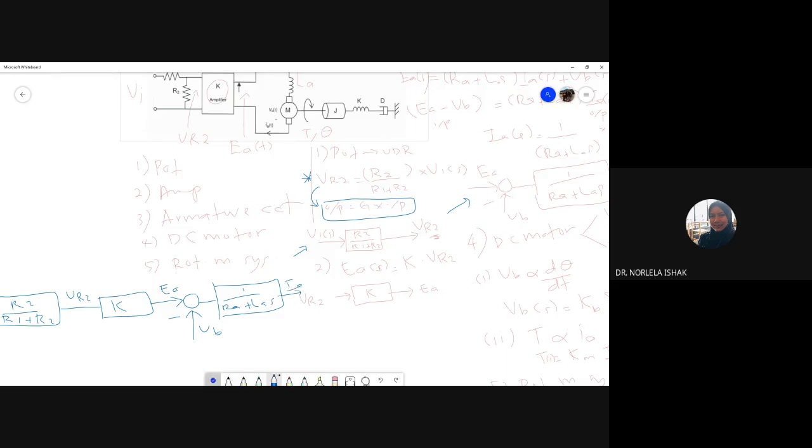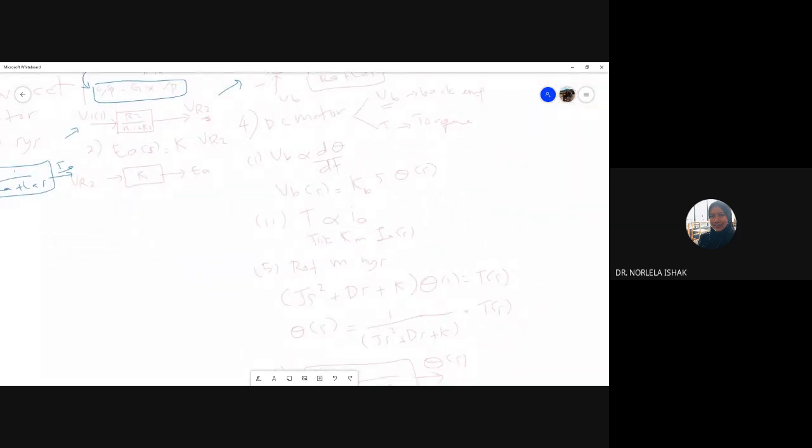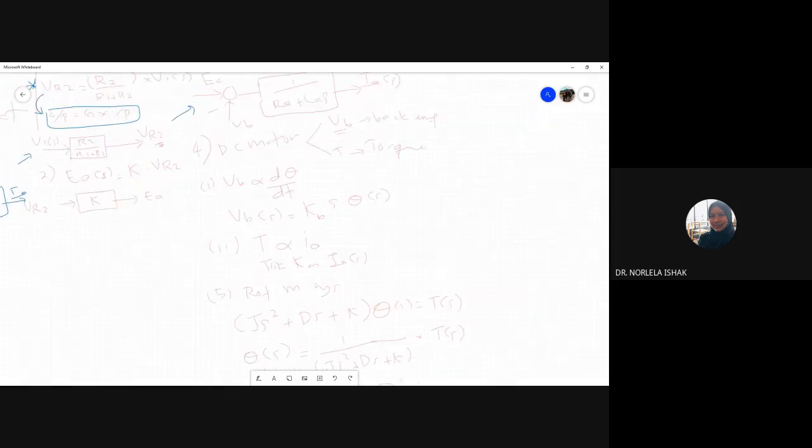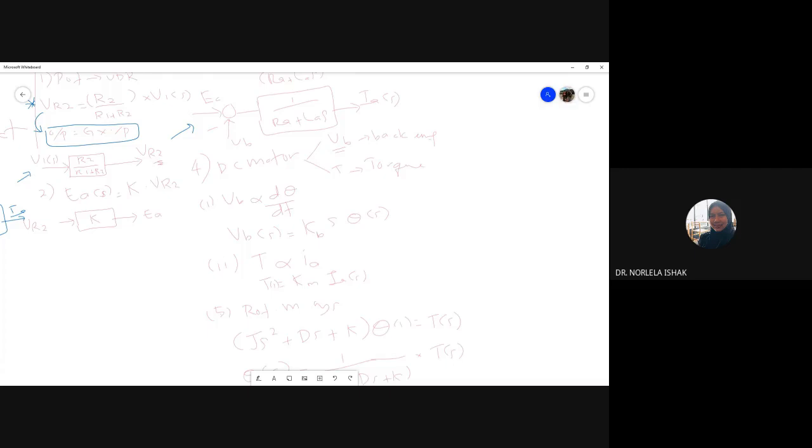From the current, which block do we look for? Which block has the current? Here there is the current, here there is the torque, and here there is KM. Right? Okay, so for this one, KBS.